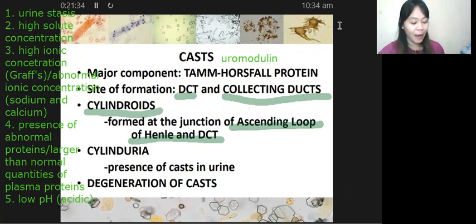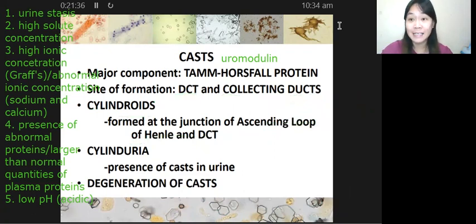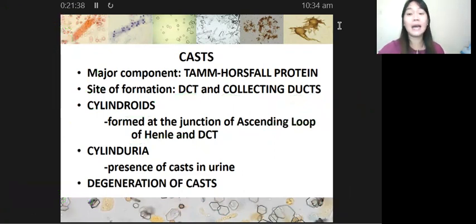Okay? So, paano ba na-form ang casts natin? So, actually, nasa module po ninyo yan on page 82. Okay? So, nakalagay dyan, formation of casts.